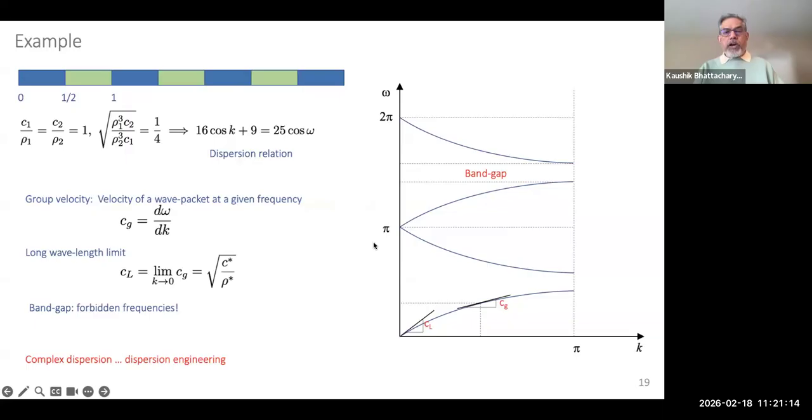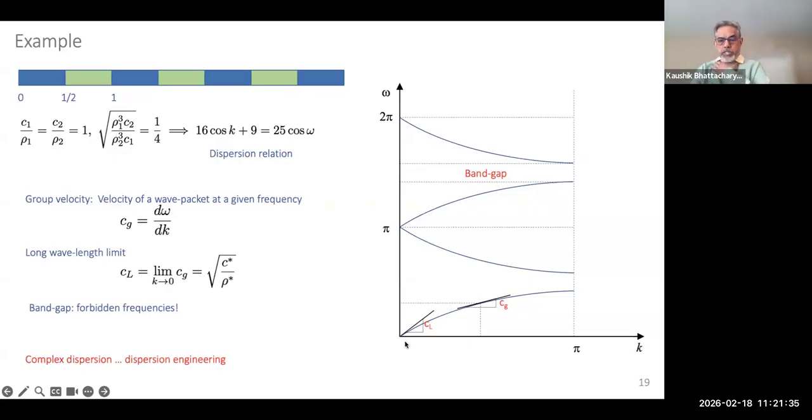So if I'm interested in wave propagation in a medium which is periodic, then you not only get the effective behavior at long wavelengths, but when the wavelength becomes comparable to the length scale of the medium, you get very complex physics.